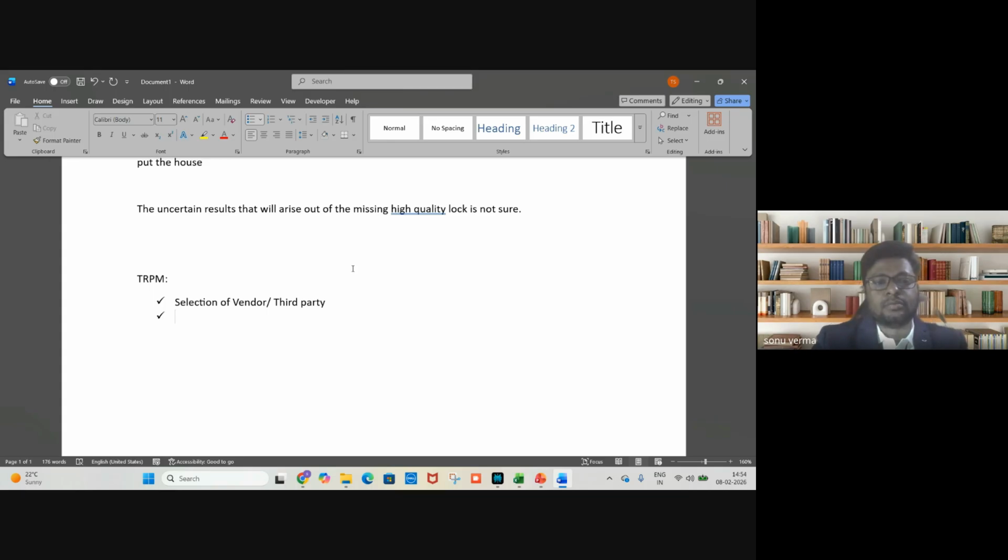Then we do BGV, background verification of the third-party vendor. Then we do vendor scaling. Then we conduct vendor assessment from the CSRA point of view.